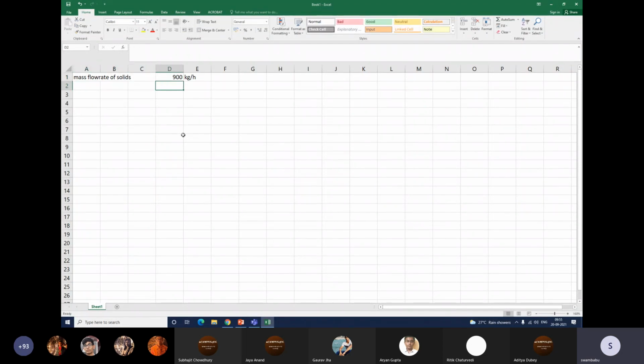We need to use SI units, so I will convert into kgs per second. 1 hour equals 3600 seconds, so I will have 0.25 kgs per second mass flow rate. Then particle density is 2500 kg per meter cube. This is in SI units, so I can leave it as it is.